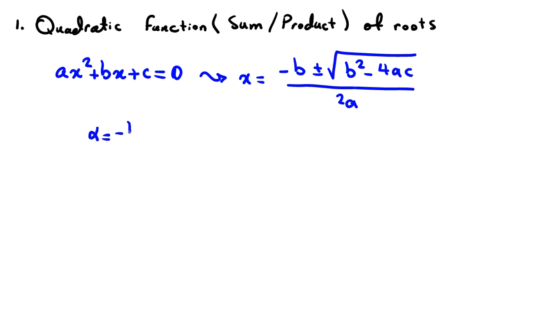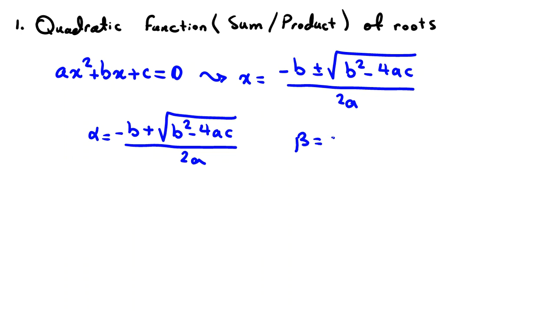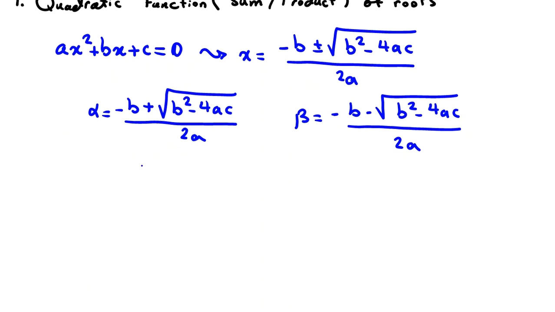Alpha, for example, the first root, is negative b plus root b squared minus 4ac all over 2a, and the next root is beta, negative b minus root b squared minus 4ac, all over 2a. So here we can find something.